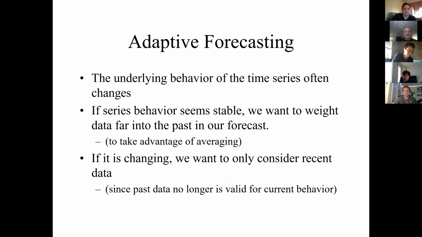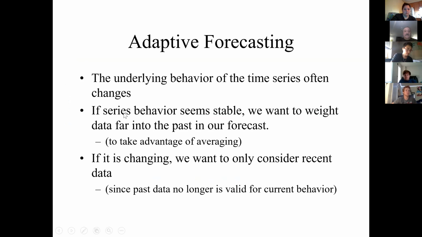All right. The last thing I wanted to mention, and knowing how to implement it is not particularly important, but I want to show that there's this idea out there. It's called adaptive forecasting. It's based on the idea that the underlying behavior of the time series can change.